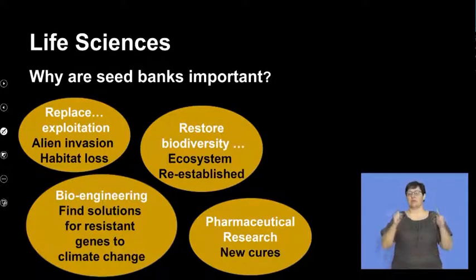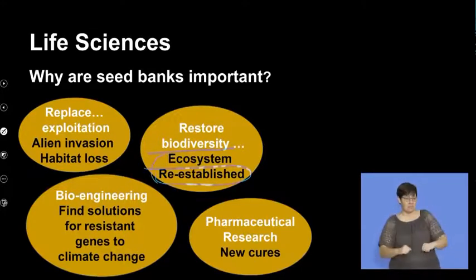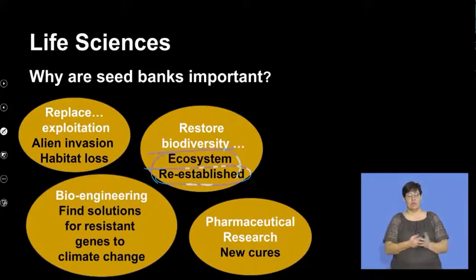Yeah, guys, seed banks are really important because basically what they're going to do is keep this biodiversity. They're going to make sure that things aren't lost. In other words, if our ecosystems are damaged by global change, when I say alien invasion, my kids often think it's about little green men.